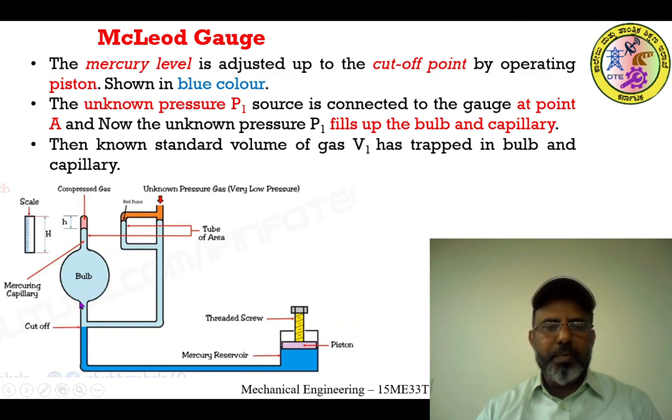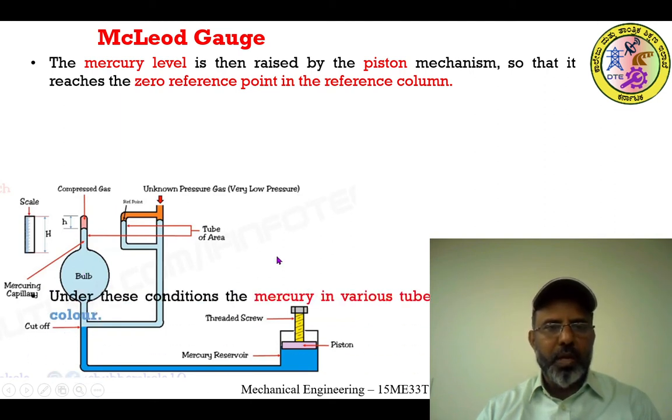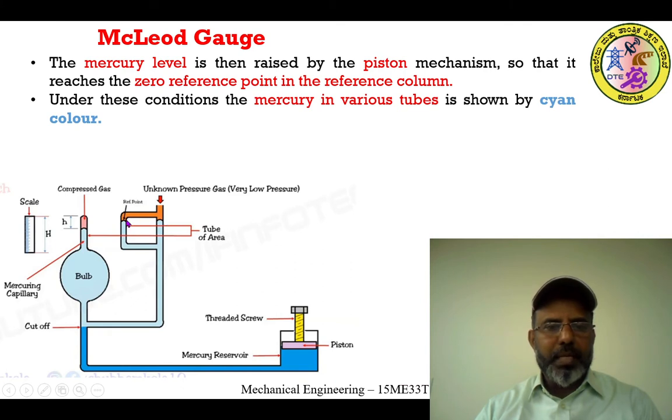Then it fills up the bulb and the capillary, that is, the known volume of gas V1 will be trapped in this bulb and the capillary, and the mercury level once again is raised by this threaded screw or the piston mechanism so that it reaches the zero reference point in the reference column. This cyan color represents the zero level of the mercury.